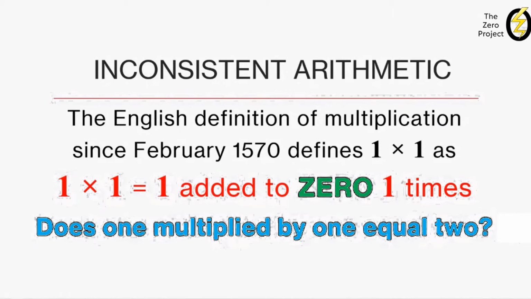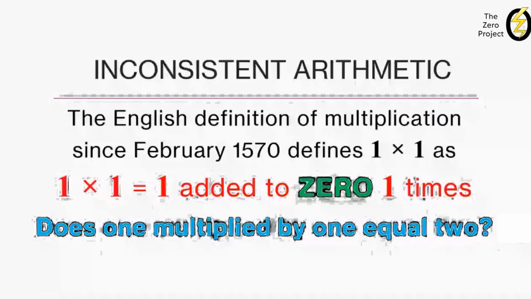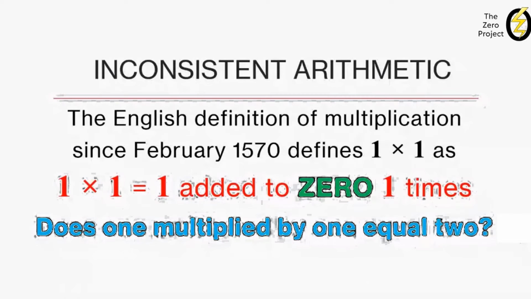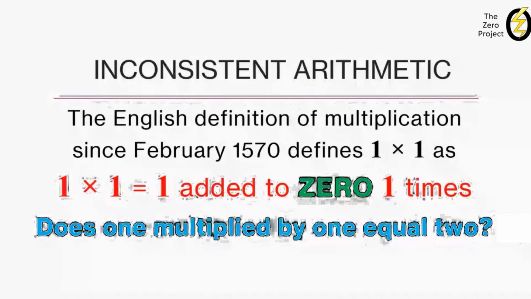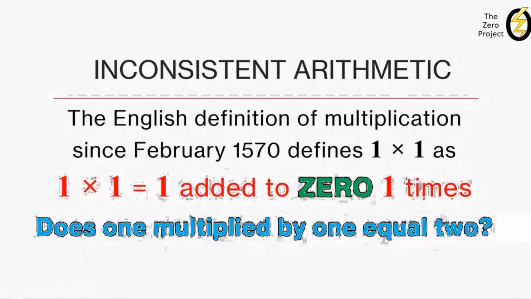And 1 multiplied by 1 equals 1 added to 0 1 times. The word itself shouldn't have been in the definition of multiplication. The word zero should have been there, and yet this definition of multiplication is attributed to Euclid from 300 BCE, and so nobody ever changed it because they thought it was Euclid's definition.